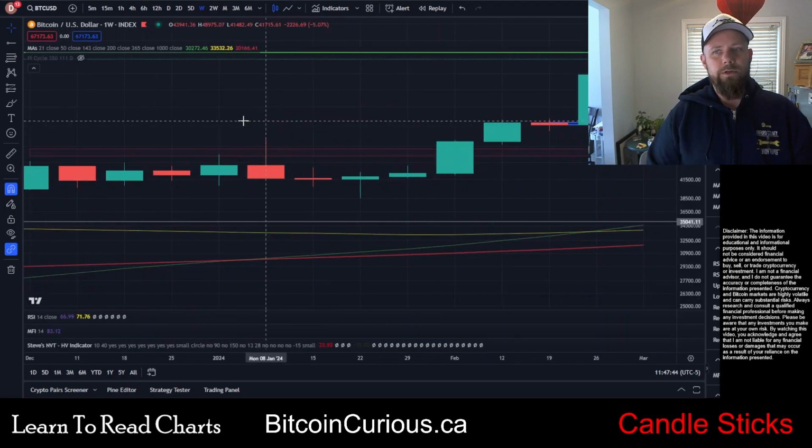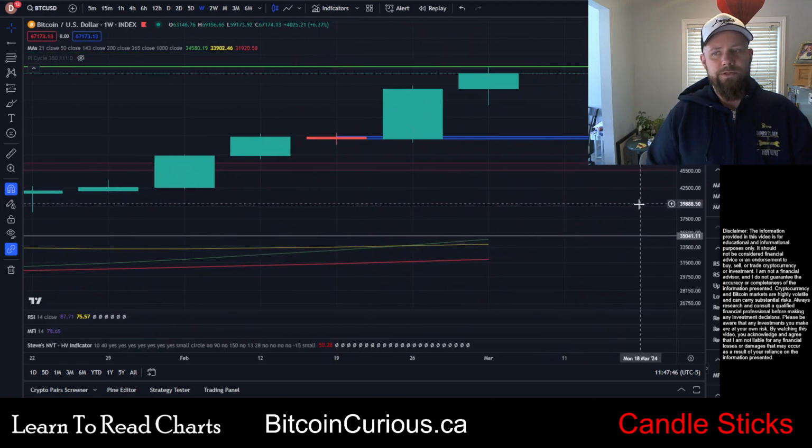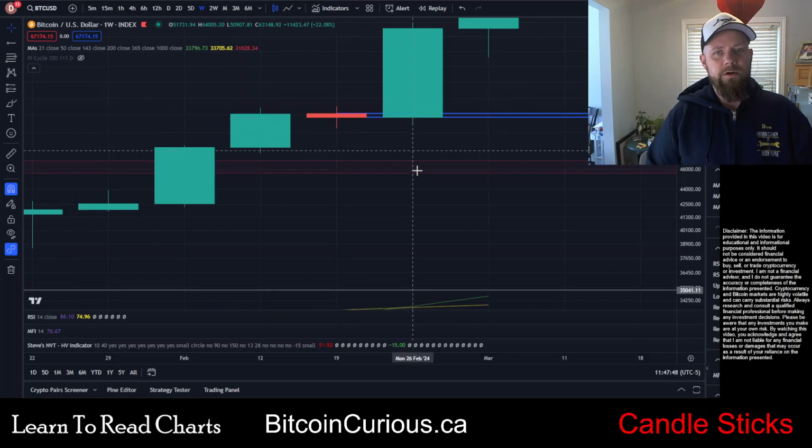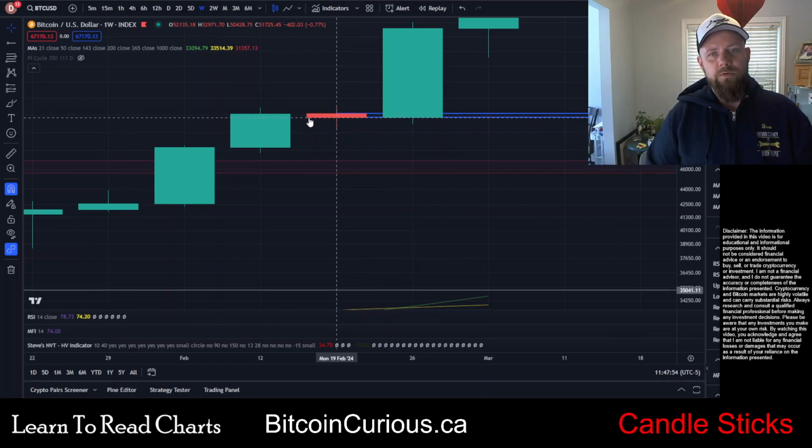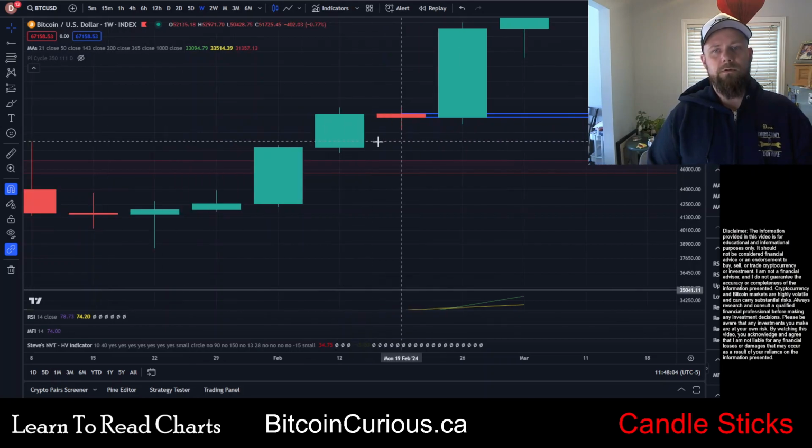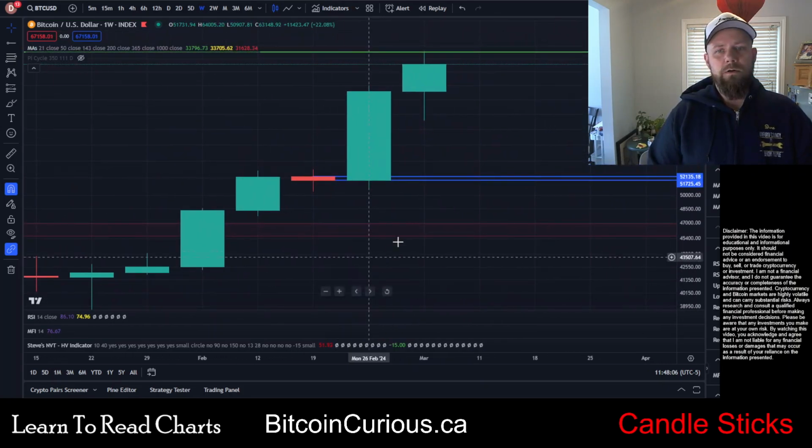Let's go to the weekly, and we can see exactly what we were talking about here. We have the open right up here, followed by the close right down here, hence the red candle, because the close is below the open. We have our high and our low. And that's it.